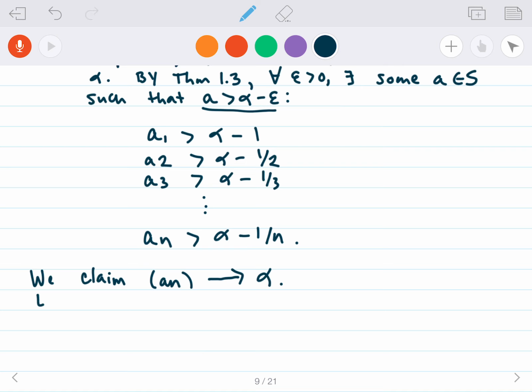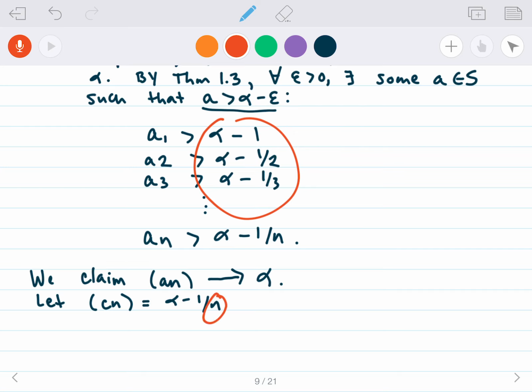So let Cn be equal to alpha minus 1 over n. So the idea here is to use the squeeze theorem for sequences. We're trying to deduce that a sub n converges to alpha, and we know just from looking at this by inspection that the sequence Cn is going to converge to alpha.